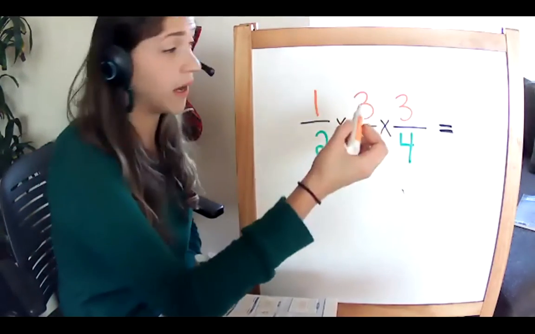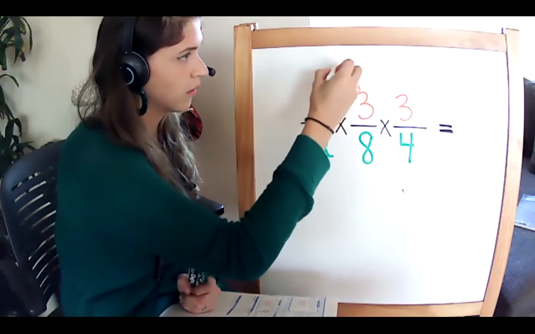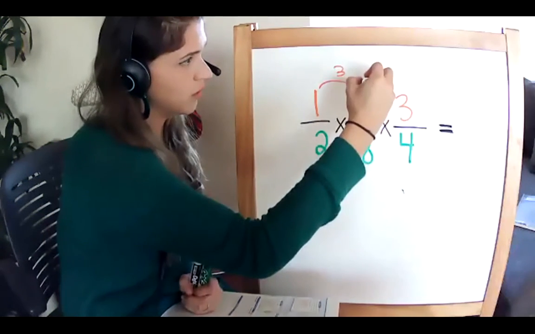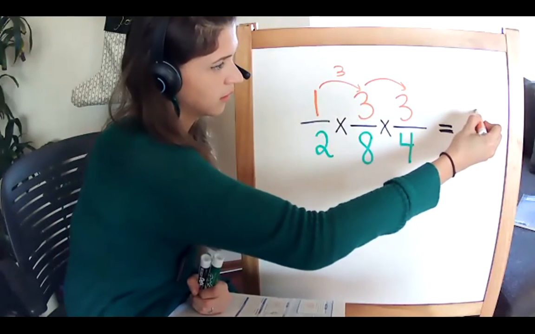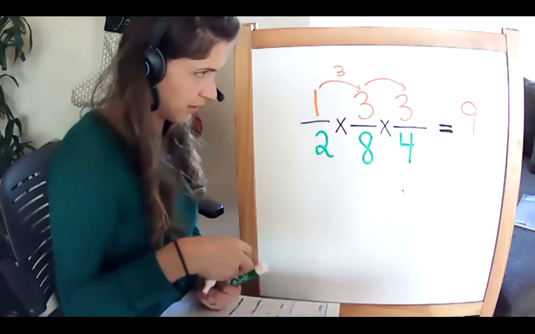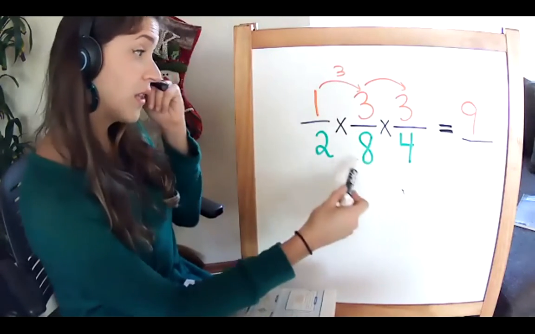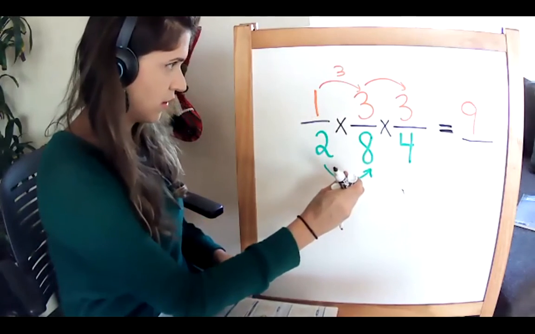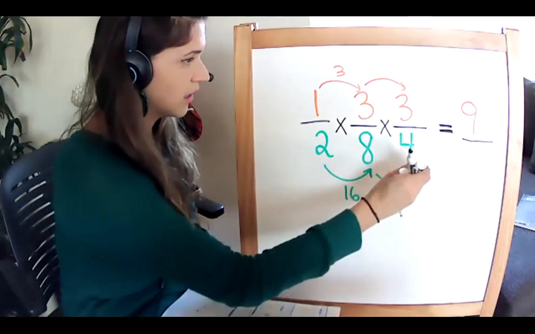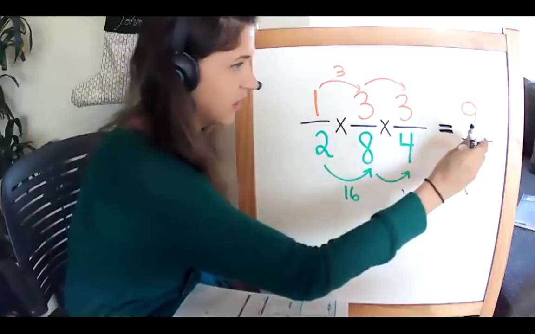We're going to have to just multiply across. 1 times 3 equals 3. Times 3 equals 9. 2 times 8 equals 16. 16 times 4 is 64.